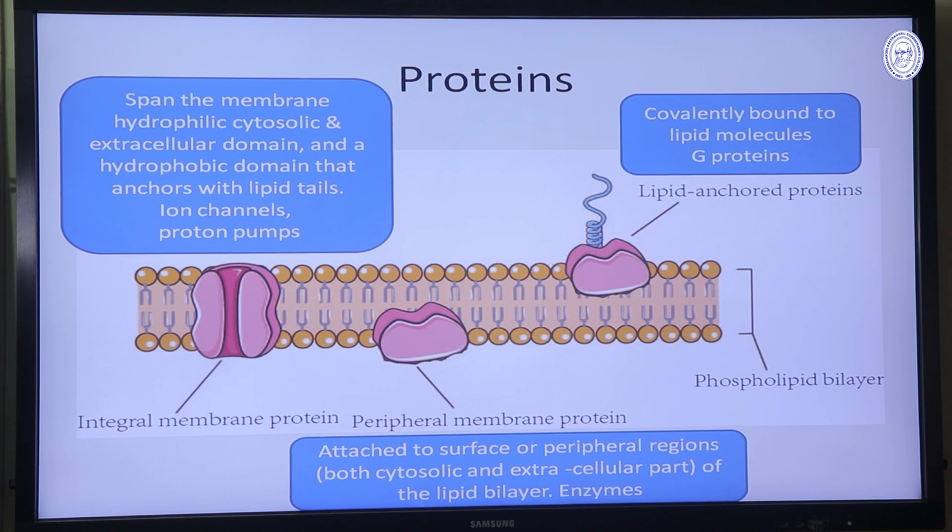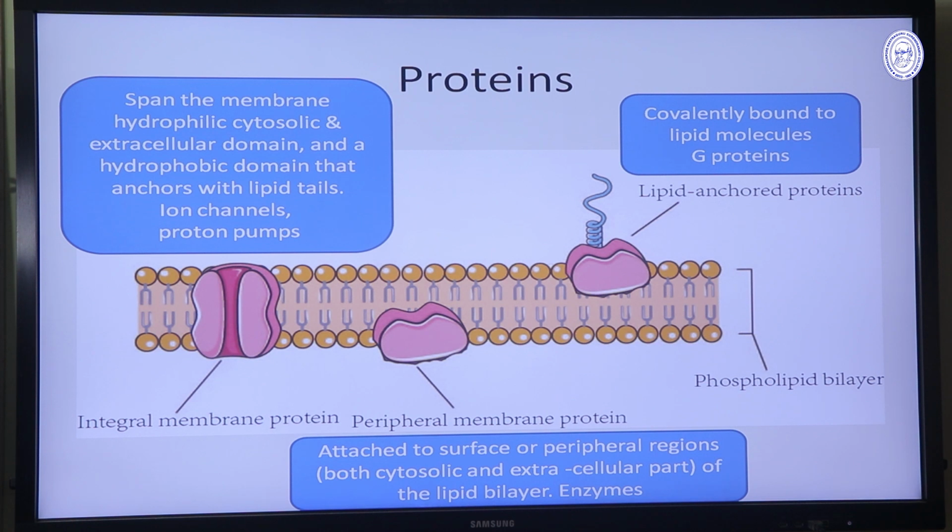So, examples of these integral membrane proteins are ion channels and proton pumps. You can see that the ion channels or the proton pumps actually function as a carrier protein or the pumping system for the movement of ions in and out of a cell.